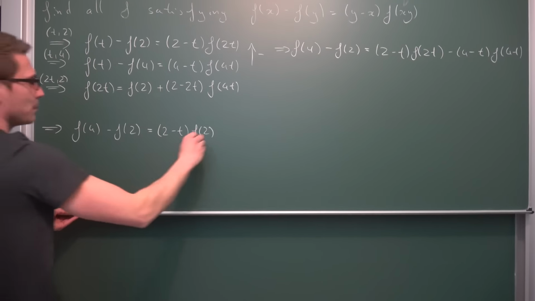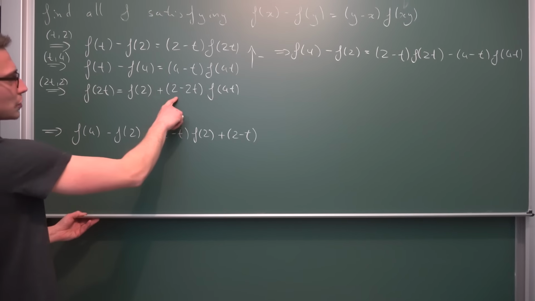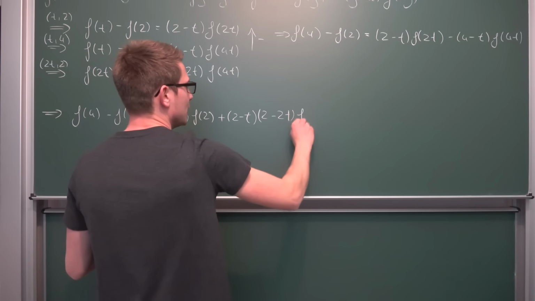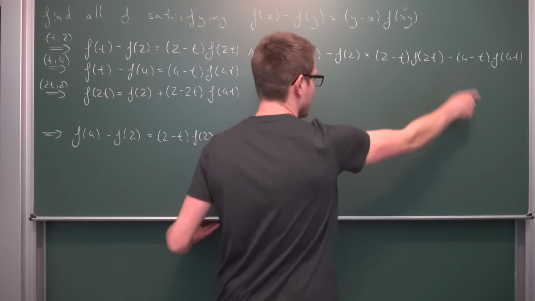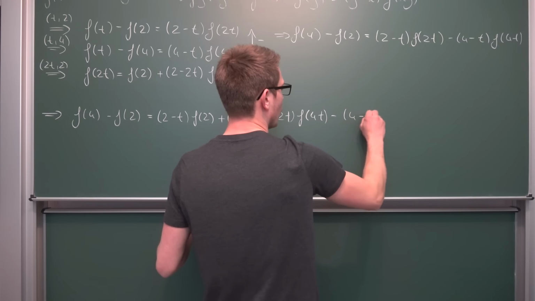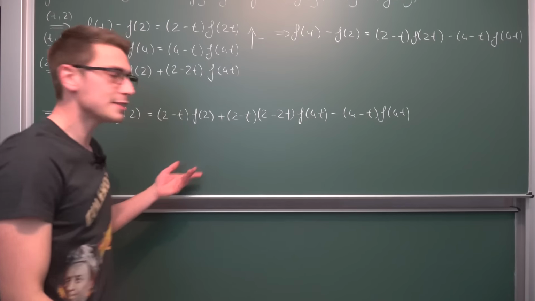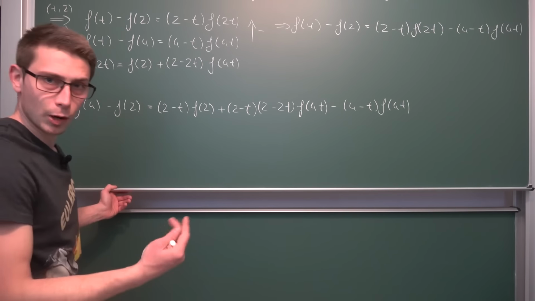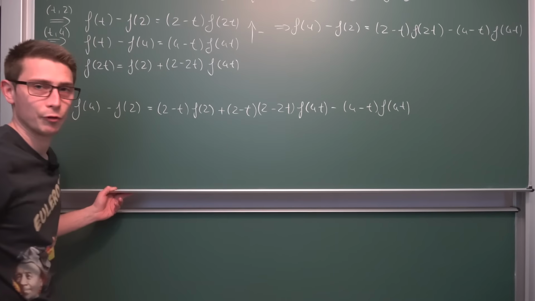And next we are going to get plus 2 minus t times this factor, so 2 minus 2t times f of 4t. And other than that, we still have negative 4 minus t f of 4t. And this is not even half bad if you take a look at that, because now we only have one reparameterization left in our argument, namely on this f of 4t.